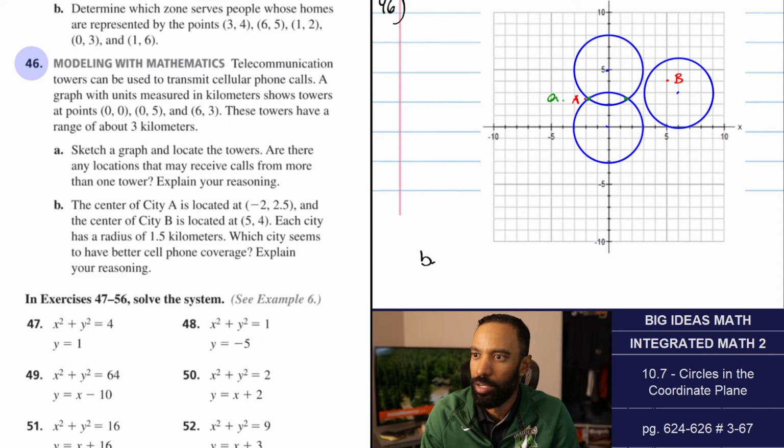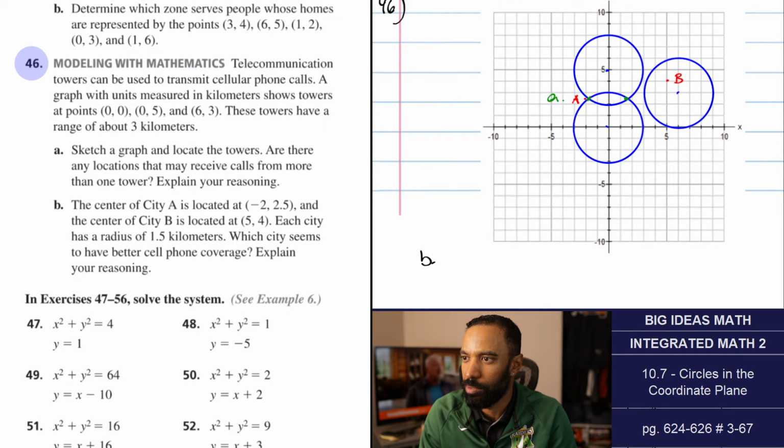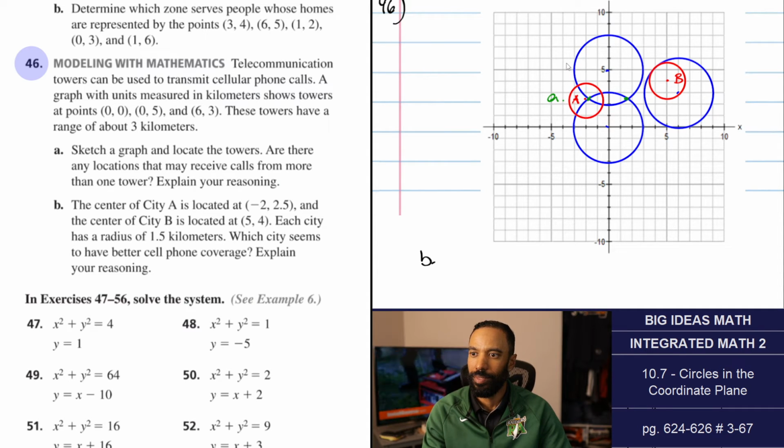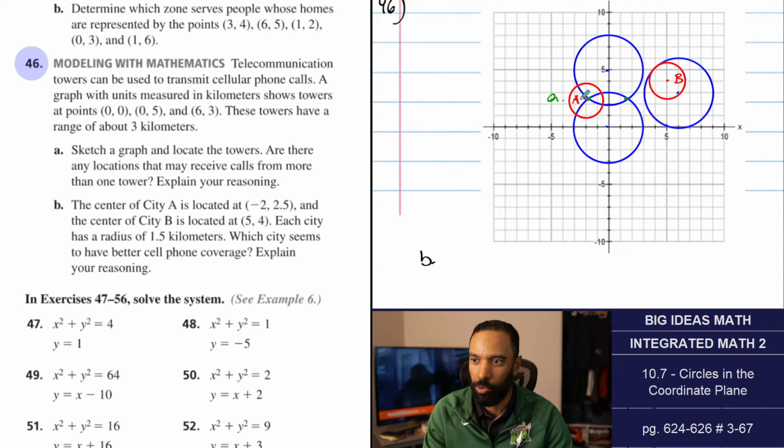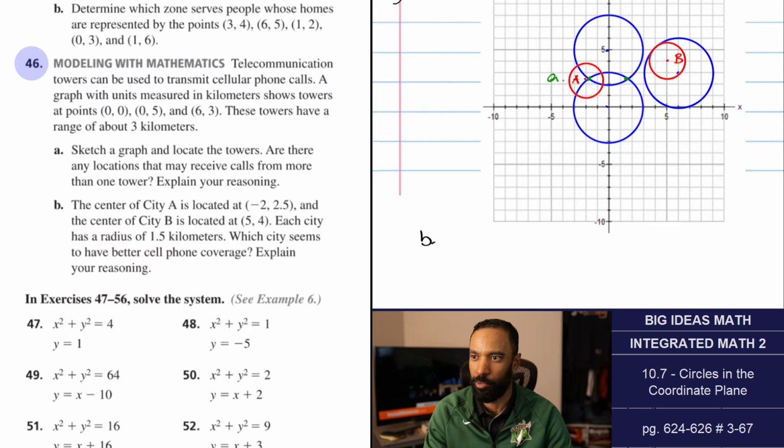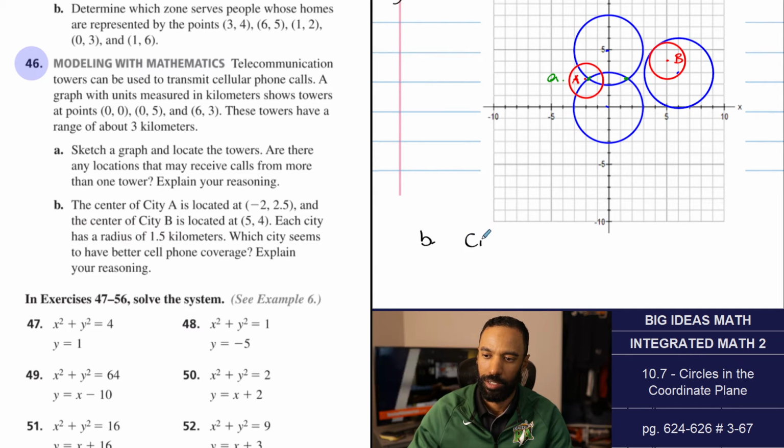Oh, okay. I thought we'd see where it intersected or something. So 1.5 kilometers. City B. City A. Kind of like that. A seems to have coverage dropout right here. So city B seems to have more. B is more.